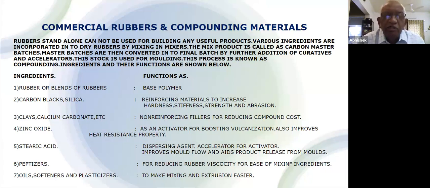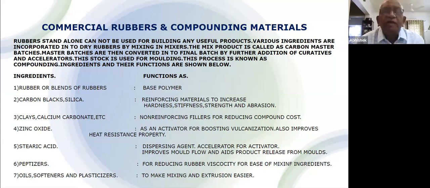Generally, in any rubber industry, the mixing process is in two stages. One is the carbon master batch, which they generally call CMB, where the rubber and all other ingredients are mixed, and in the second phase only the additives or the curatives or vulcanizing agent are added again in a small mixer and then mixed.